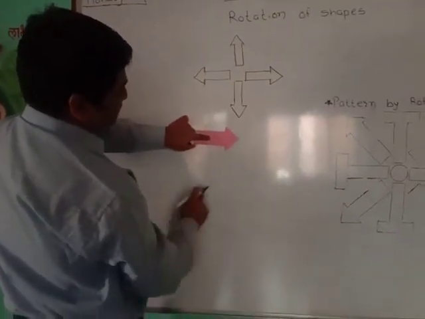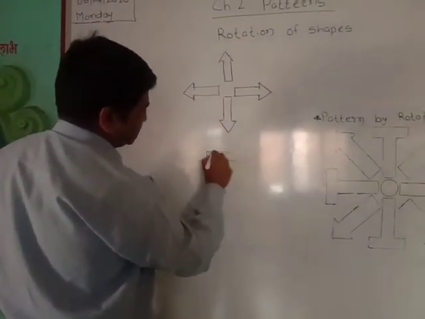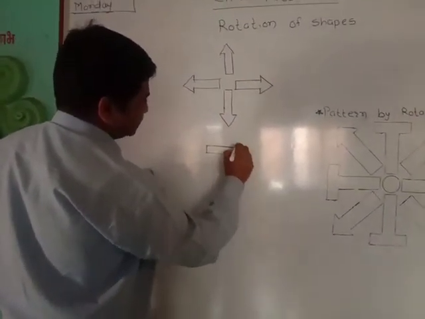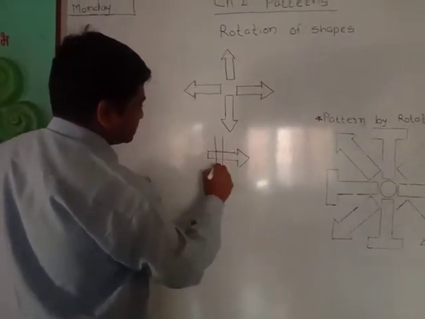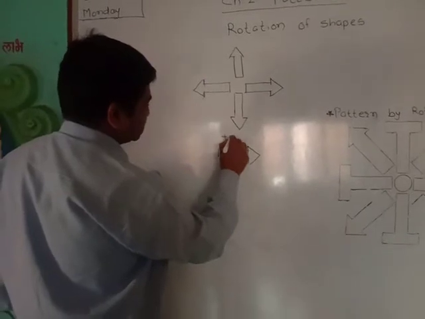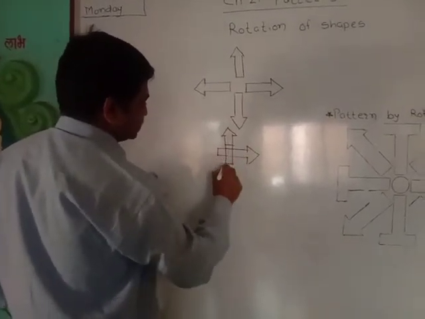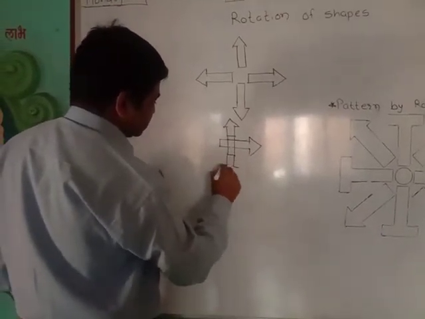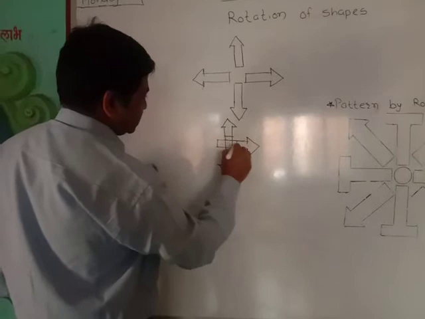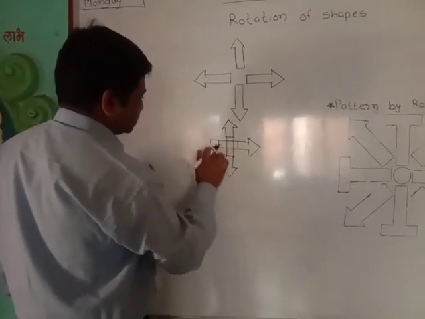Now you can see that the pattern which emerges by the rotation of the arrow will be like this. So it is rotated through 90 degrees. Again it is turned through 180 degrees. So the arrow will be like this. And at this point the arrow will be like this.